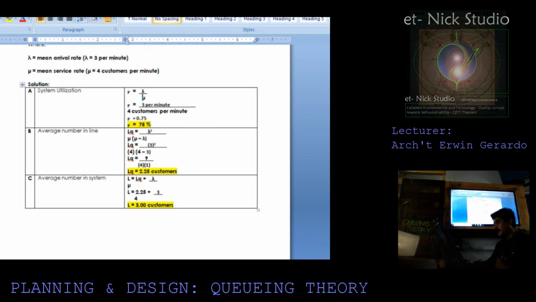While for letter B, the average number in line waiting for service is LQ.